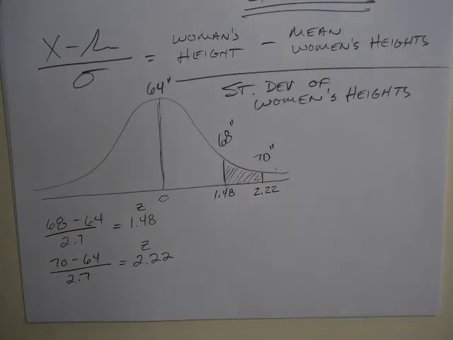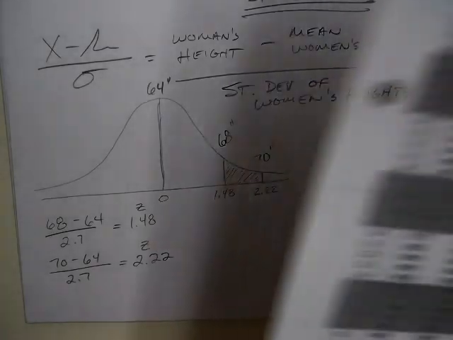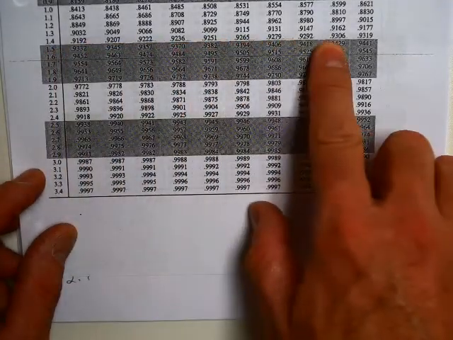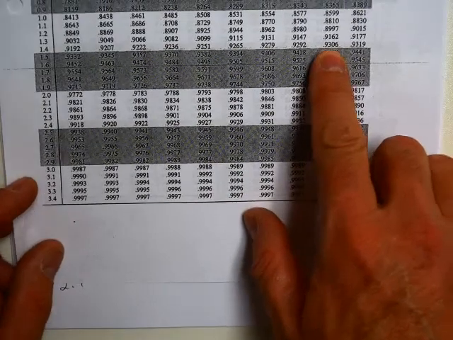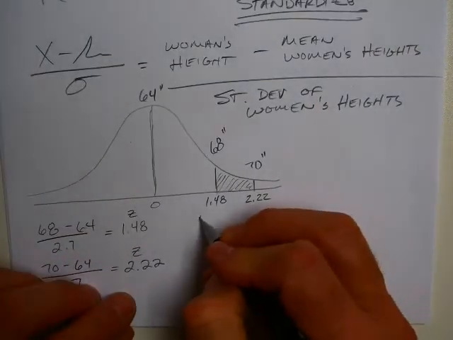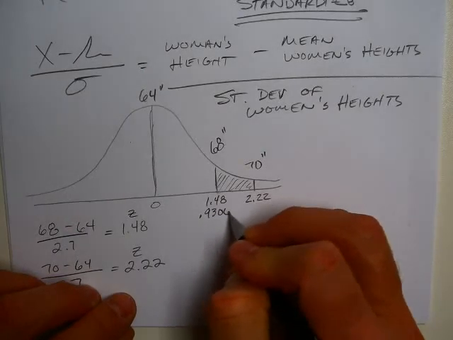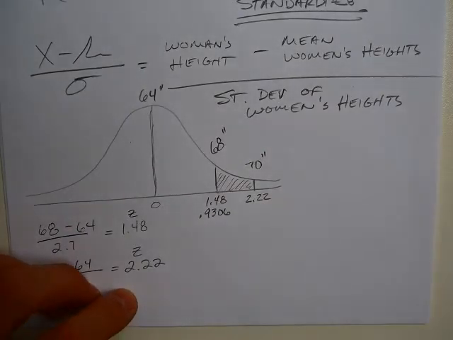So the next step, if you don't have one of these, I'll give you one here in a minute, you'd go to your table A. 1.48 is going to be 0.9306. I'll write that probability there, just as a note for me.